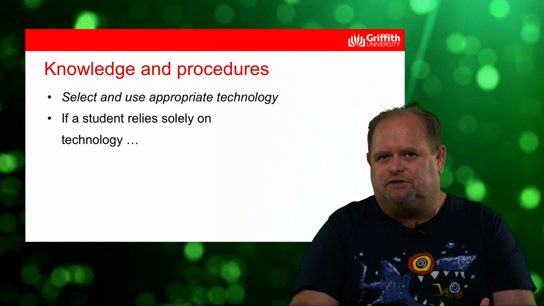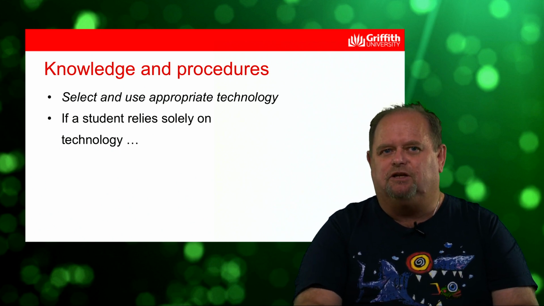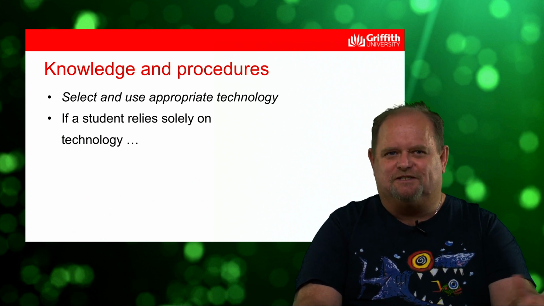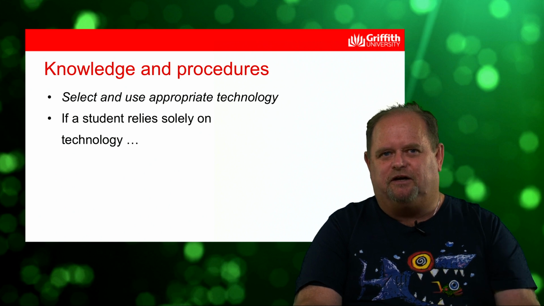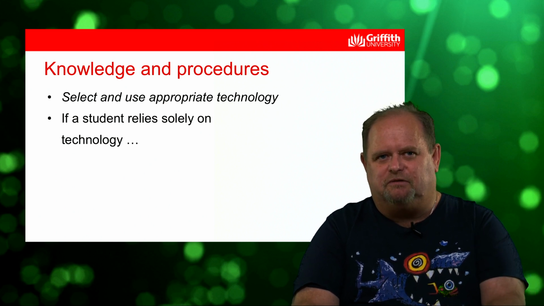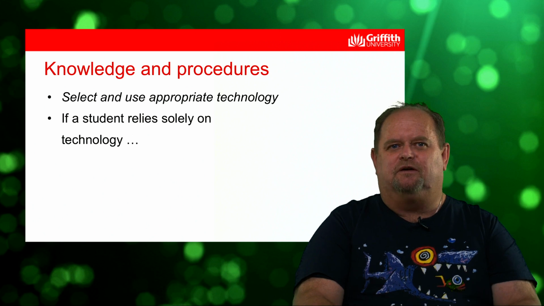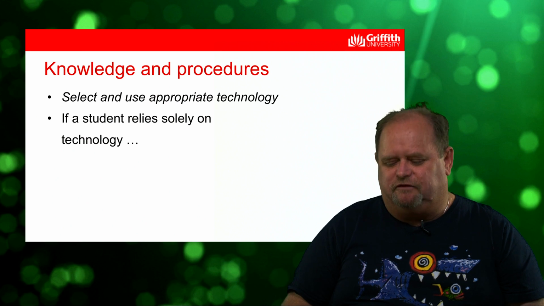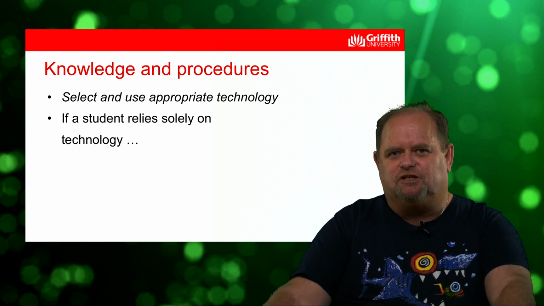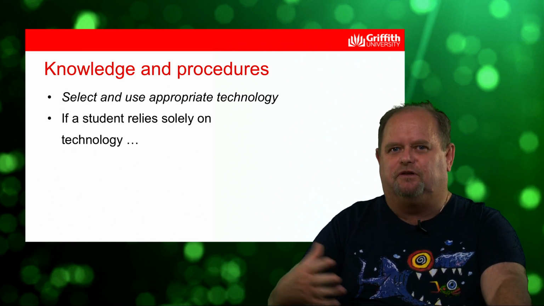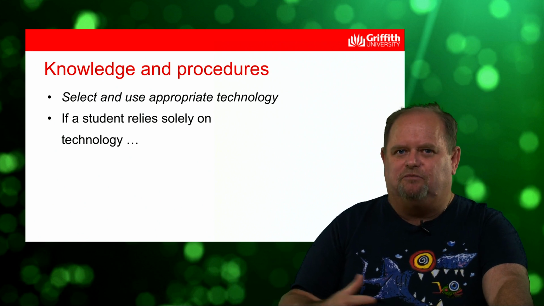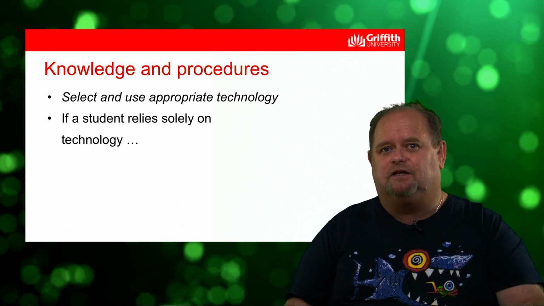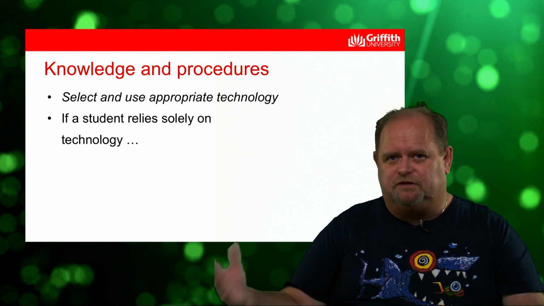We have to teach students how to select and use the technology, which leads us to think, if we are teaching them how to use it, does that mean that we must know it first? The other thing about knowledge and procedures is that we've got to be really careful that if students rely solely on using the technology to solve the problem, then that might not give them enough evidence to say that they are able to fulfill the knowledge and procedures.